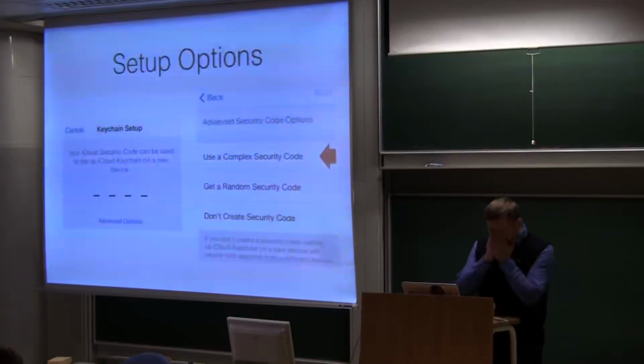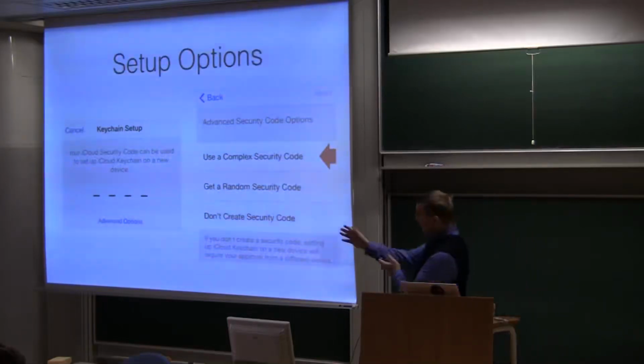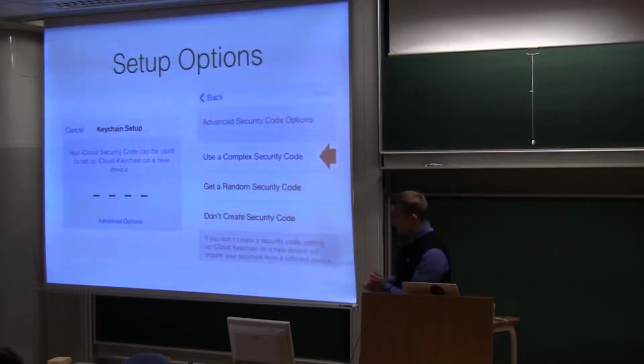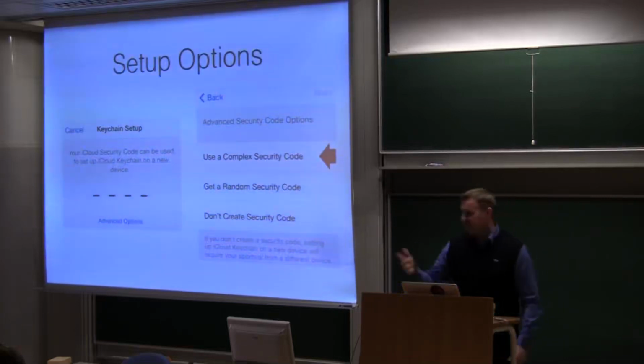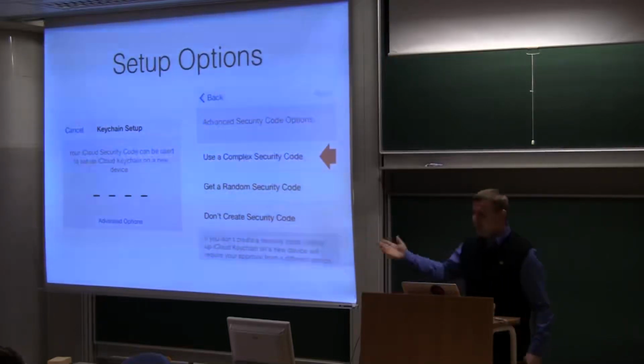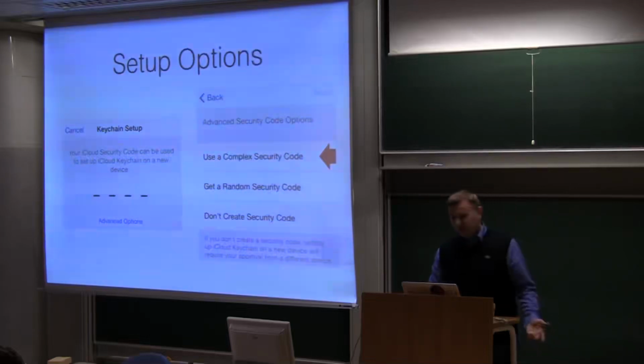Okay, but what about other setup options? So far we have only looked at the default, but I think everybody here understands that the default cannot be secure. So what about others? Well, use a complex security code.